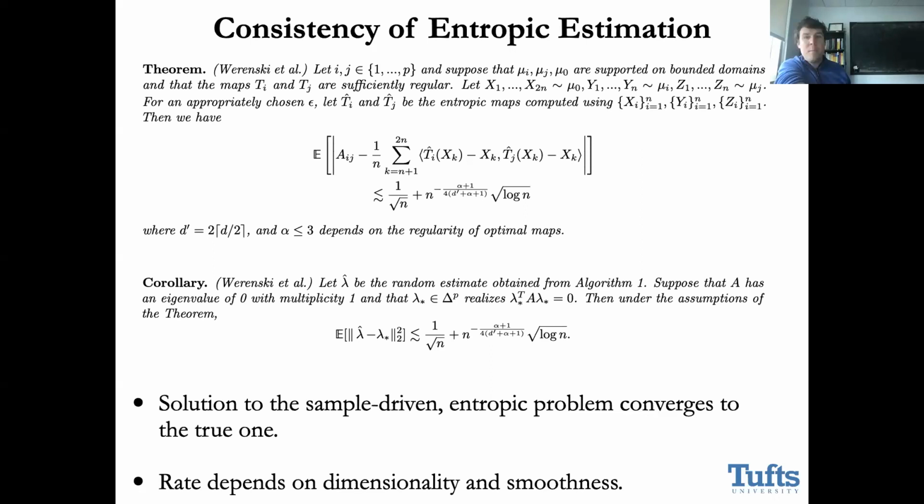We don't get that. The second term is the dominant one. It depends on the smoothness of the optimal transport maps given by alpha, but the real thing to look at here is that it's essentially n to the minus 1 over 4d. So this is strongly dependent on the dimensionality of the measures. I get convergence, but I'm cursed by dimensionality: I have an exponential dependence of the rate of convergence on the dimension.